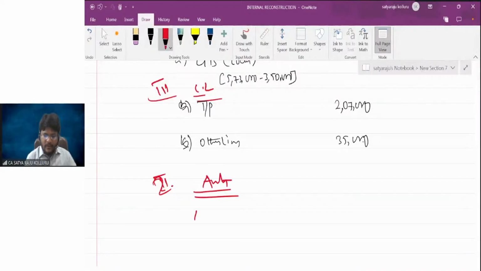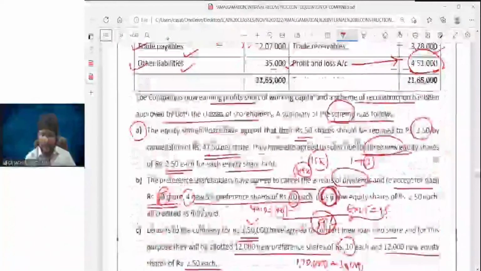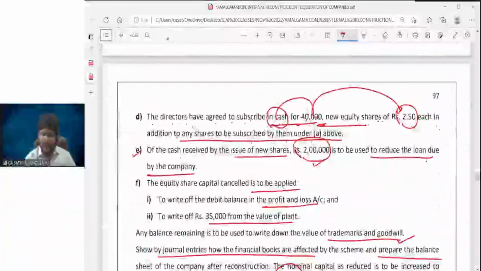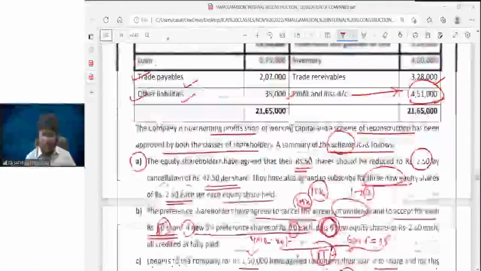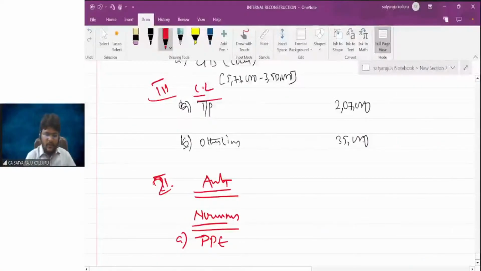Under assets, non-current assets. Under non-current assets, A, PPE. Fine. In property, plant and equipment, building and plant. Nowhere upward revaluation, downward revaluation happened, right? Please, if you want, you can cross check here. Nowhere we touched them. So as these figures, you can put 4 lakhs plus 2,68,000, which is 6,68,000.